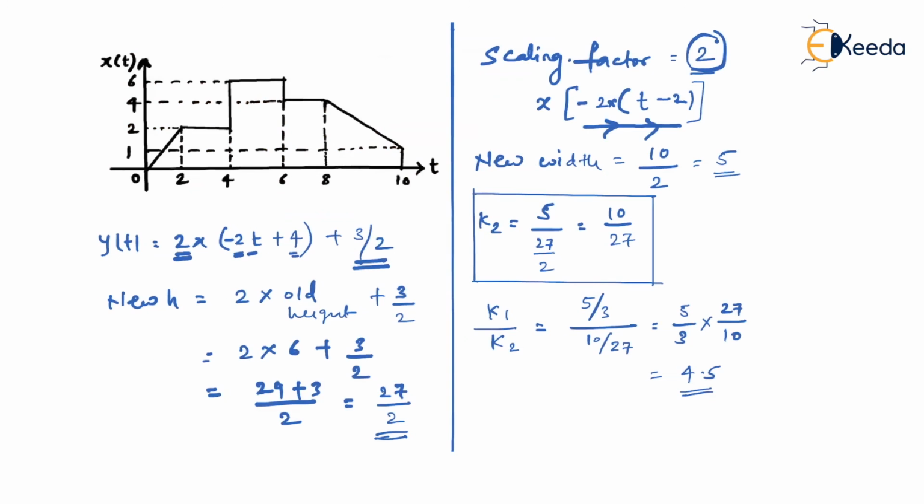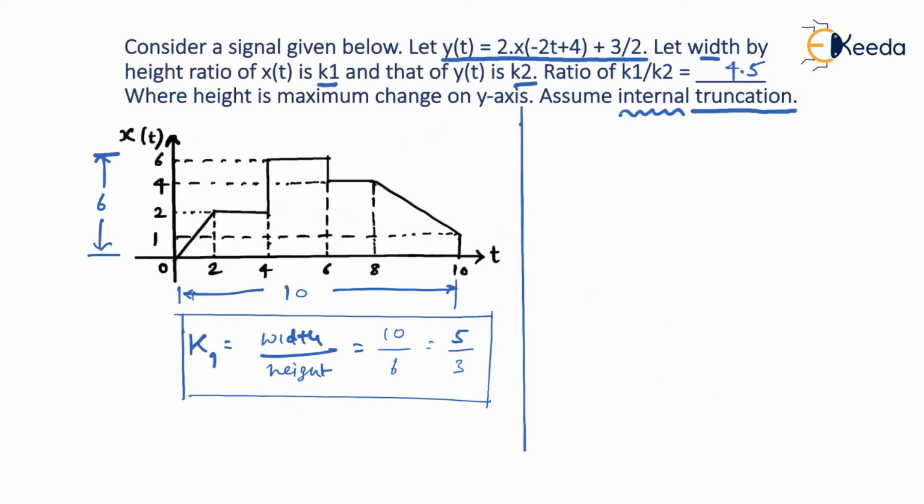t in this case. So what I really meant over here, as you can see, y of t was equal to twice of x of -2t plus 4, plus 3 by 2. Mind it, this 3 by 2 is a DC signal. With how much width?